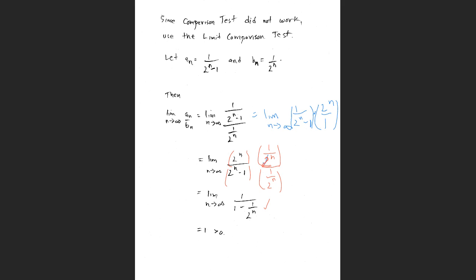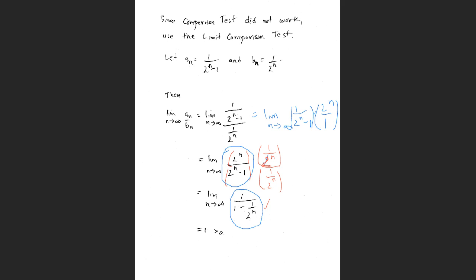Okay. Are there any questions? What I put in red, Sophie, was I wanted to show you how 2 to the nth power over 2 to the nth power minus 1 became 1 over 1 minus 1 over 2 to the nth power.